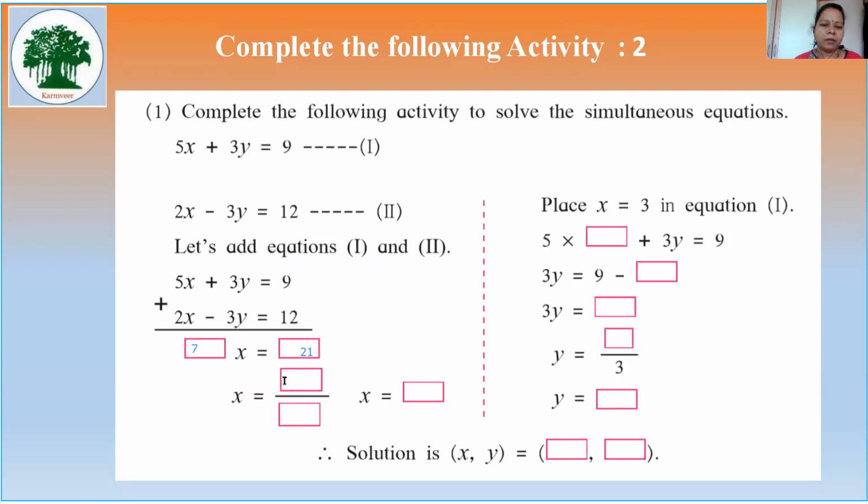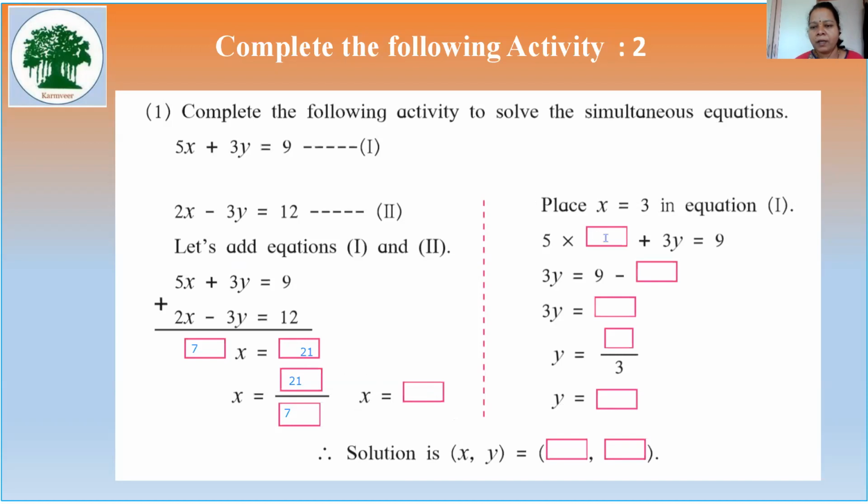Then x is equal to 21 upon 7. That is, we get x is equal to 3. So we eliminate y and find the value of x. Now place this x is equal to 3 in the first equation, 5x plus 3y.